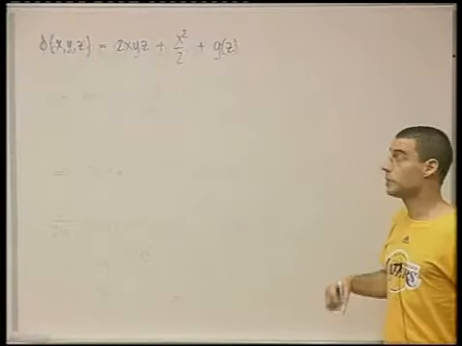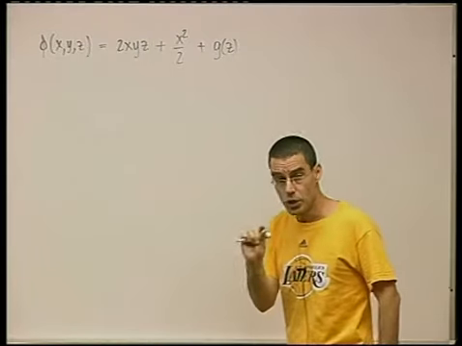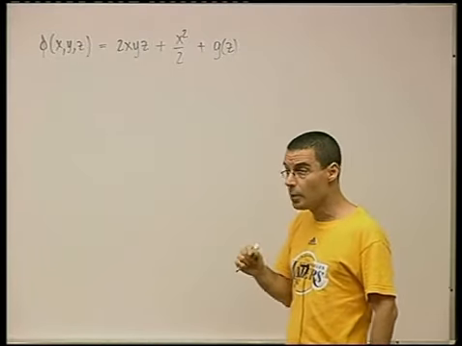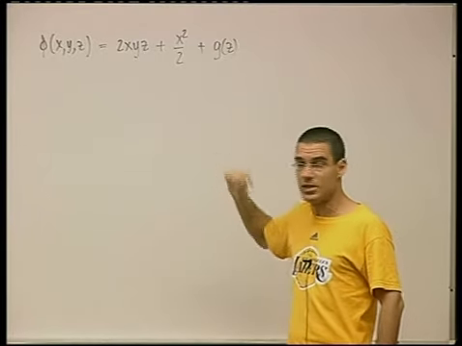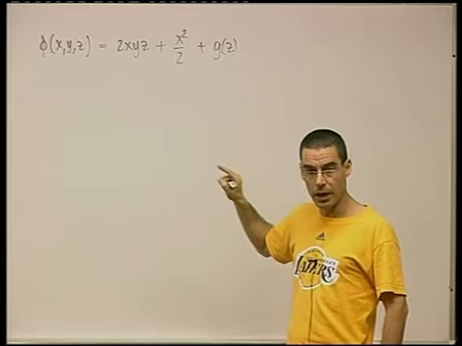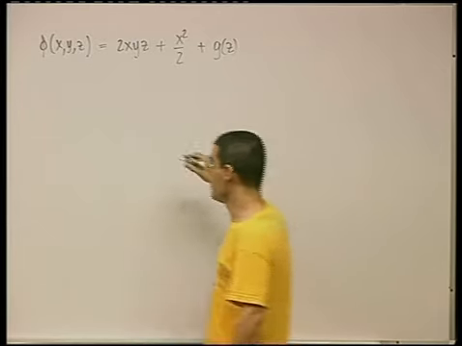Okay? So there's one more step, and there's one more chunk of data that we didn't use. We didn't use yet the fact that the derivative of phi with respect to z is r. That's the one partial derivative that we didn't use yet.